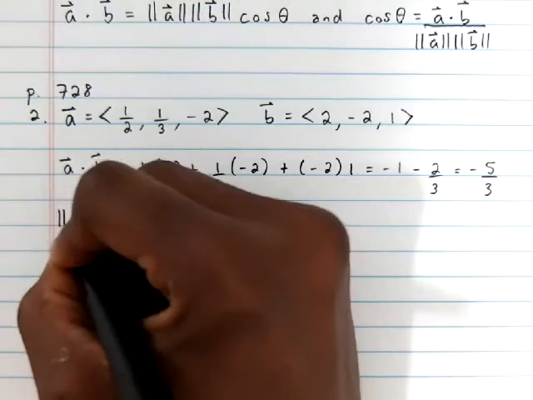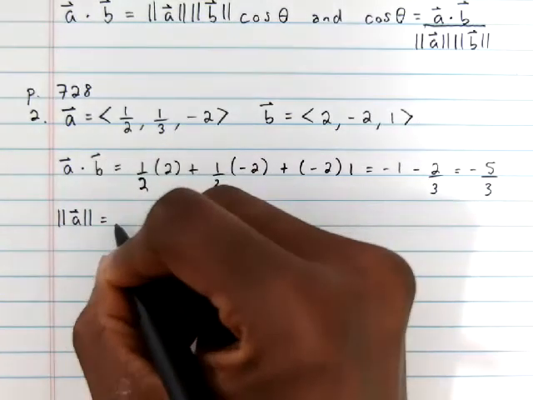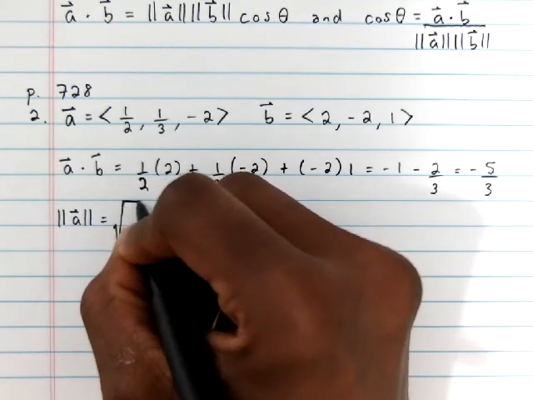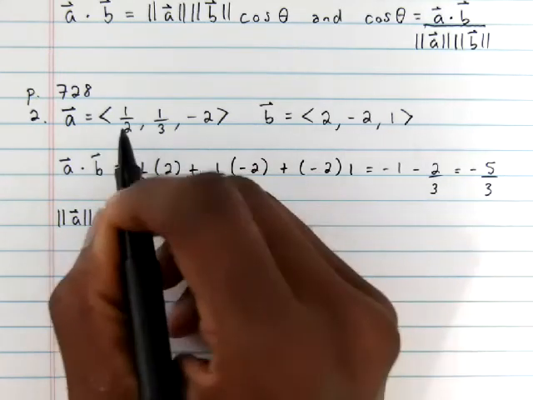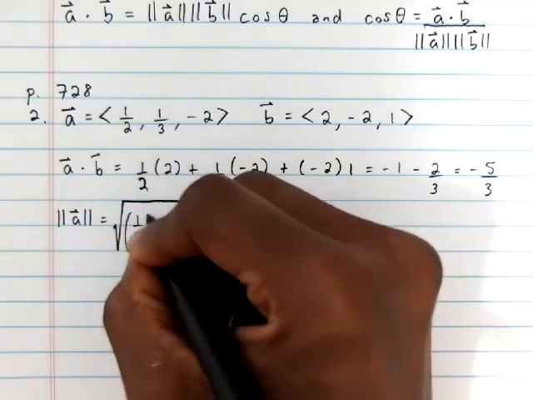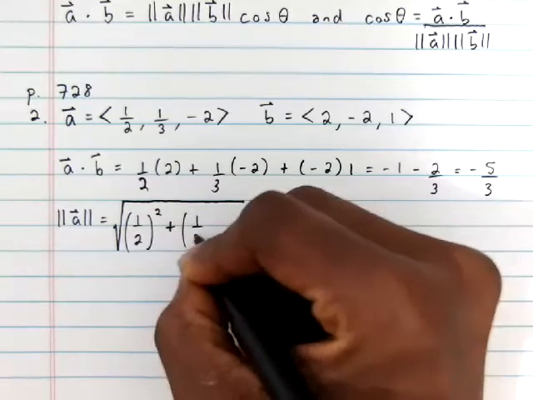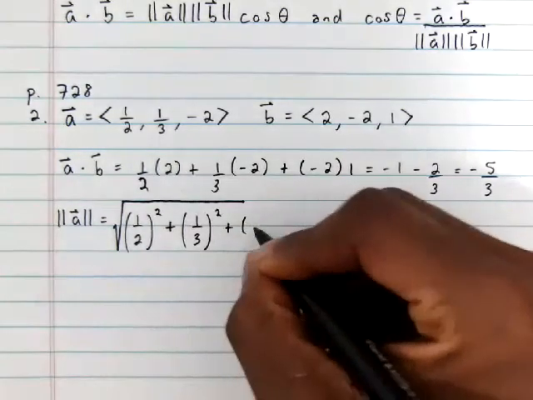The magnitude of A is equal to, remember we discussed the formula for the magnitude or length of a vector, 1/2 squared plus 1/3 squared plus -2 squared.